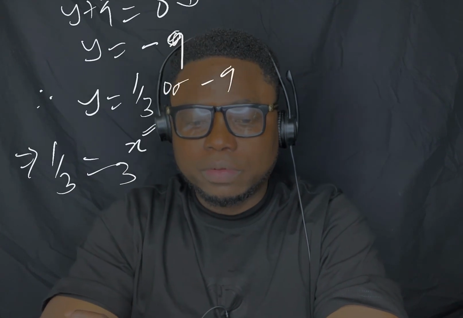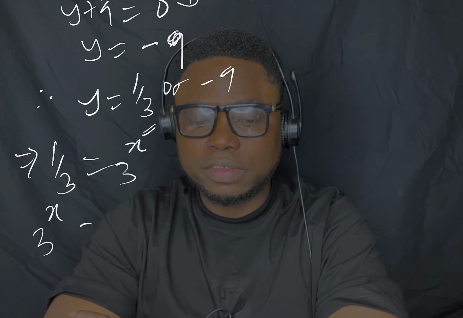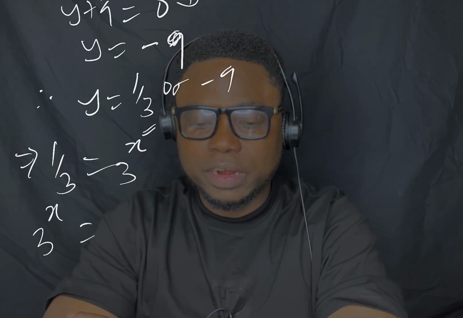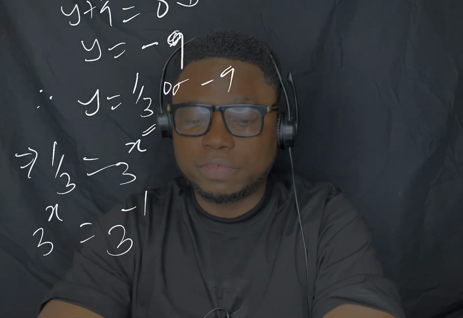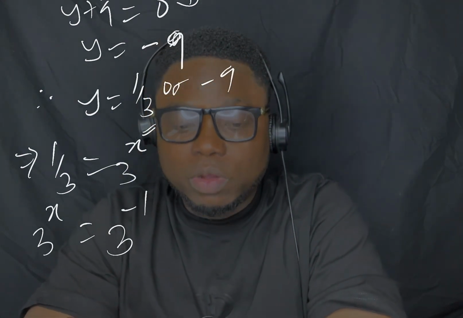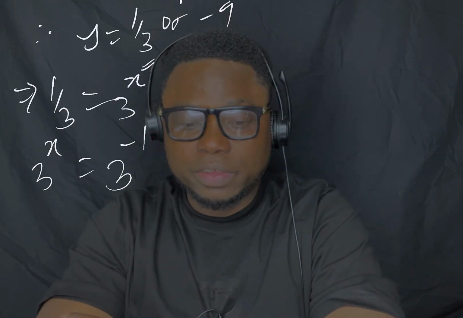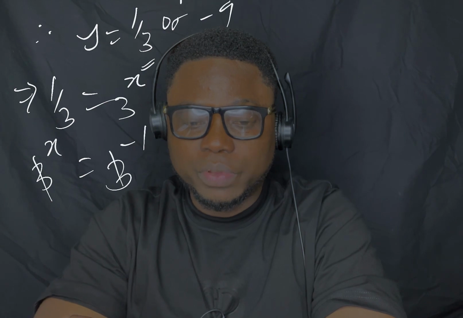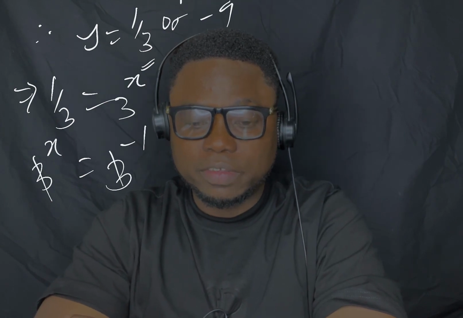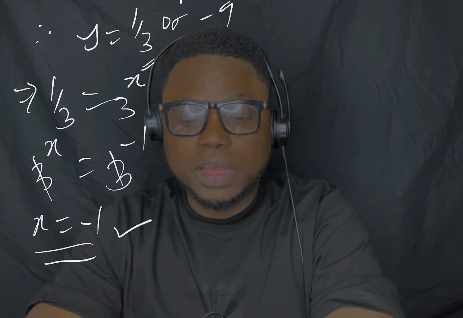Now 1 over 3 is 3 raised to the power of minus 1 in indices. In this case, the base 3 is common, so they are going to cancel out. So I'll pick the exponents. The exponent is x is equal to minus 1. So the value of x is minus 1.